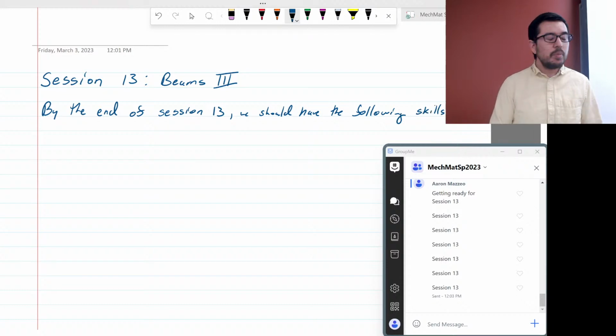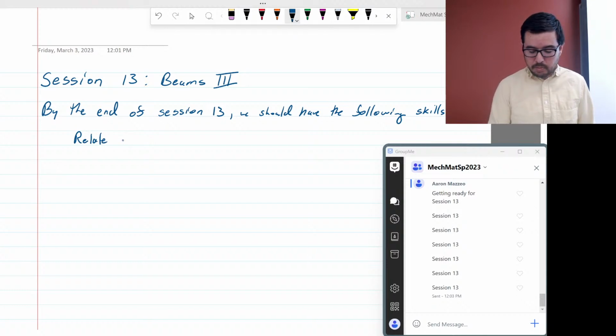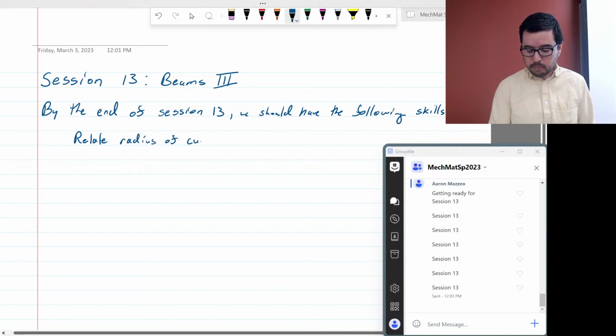Pretty much just two things. Relate the radius of curvature to longitudinal strain.